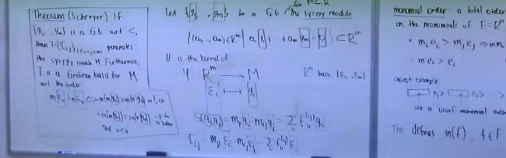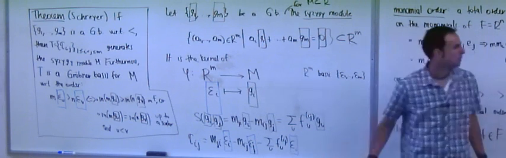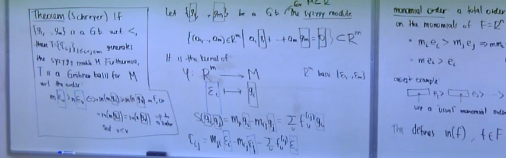The idea is that we started with a Groebner basis here, and this lives in F in R to the 1. And there we have an order that we're comfortable with.